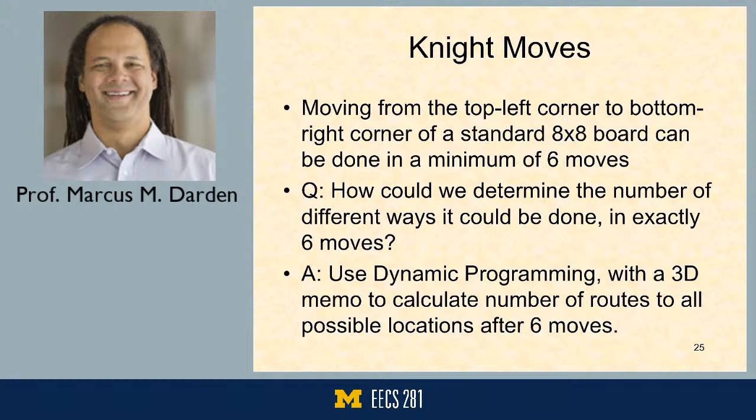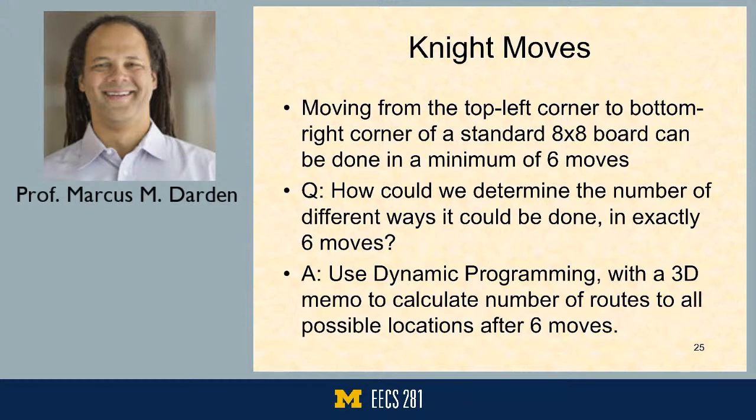The question is, how many different ways then in 6 moves can I reach that position? Because you can think, well, maybe I'll travel down first and then I'll travel across. Or maybe I'll travel across first and then down. Or maybe I'll travel across some, down some, across some more, and so on and so on. So this is not a trivial question.